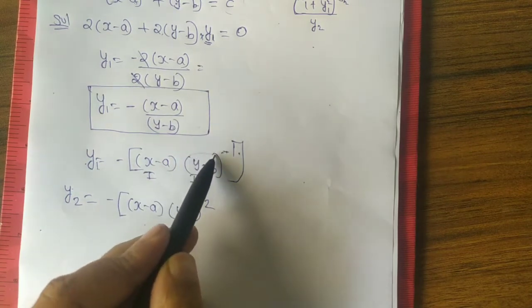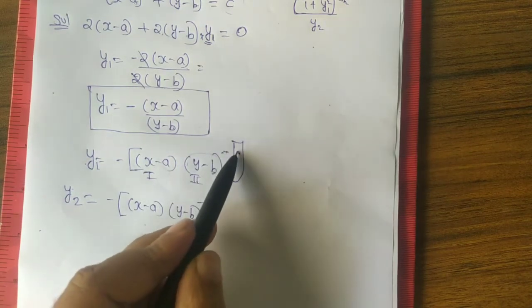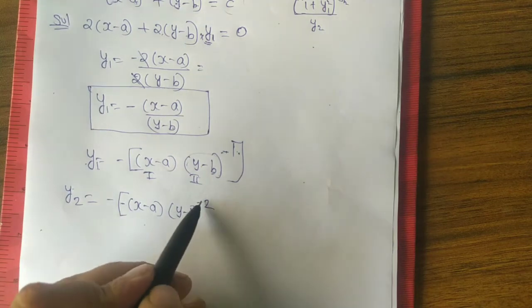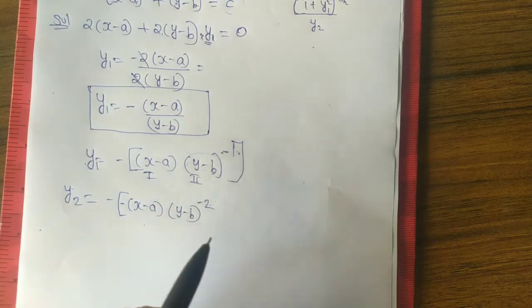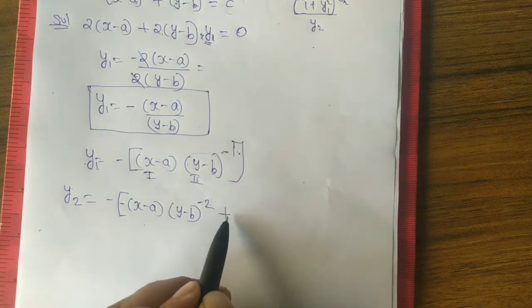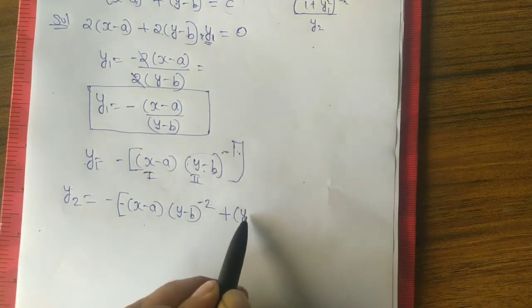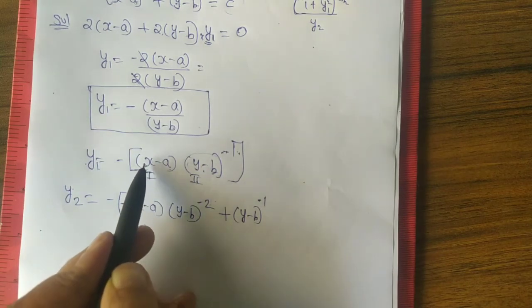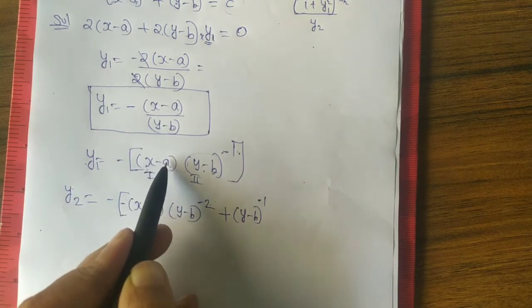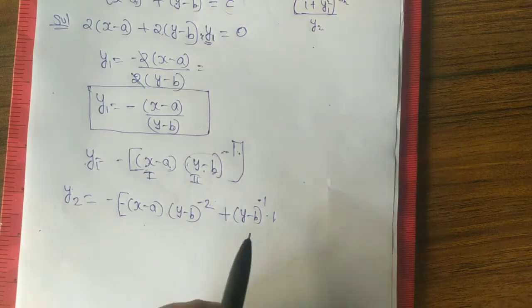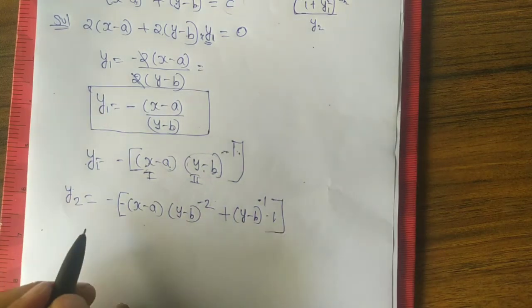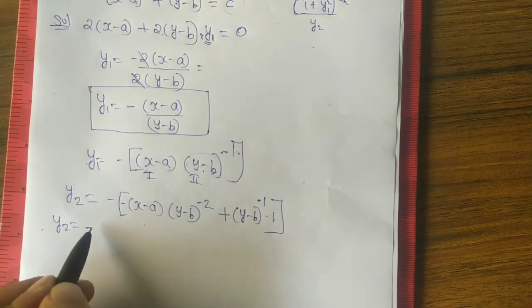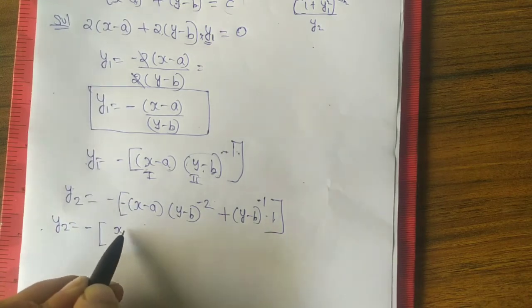See here, let us suppose this is x to the power minus 1, it is minus 1 into minus 1 minus 1, so it becomes minus 2, plus second function as it is, and differentiation of first function, so the differentiation of x minus a is 1 minus 0, it is 1, or y2 equal to minus, it is x minus a.